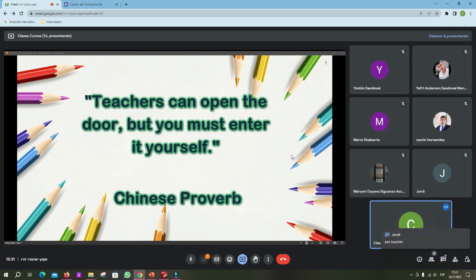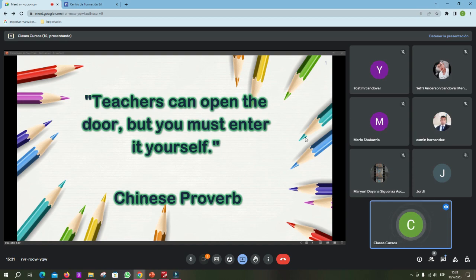Okay, go ahead. That's great. Read it. Teachers can open the door, but you must enter yourself. Perfect. Teachers can open the door, but you must enter it yourself.